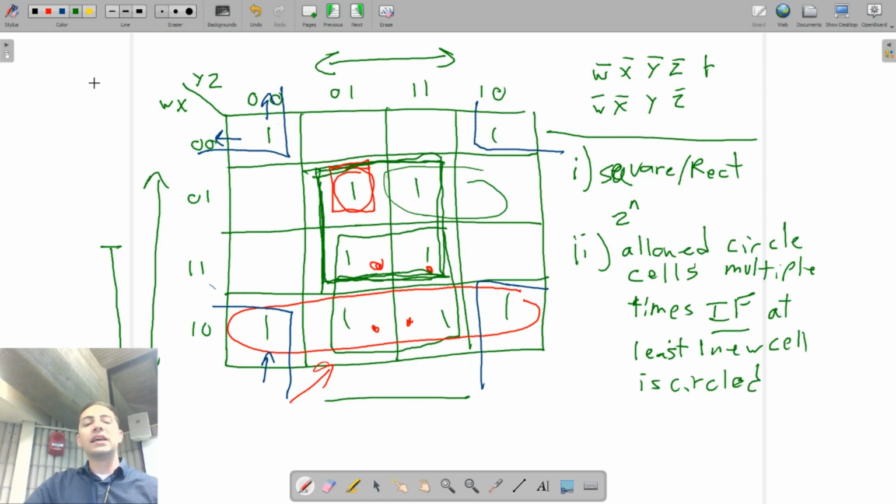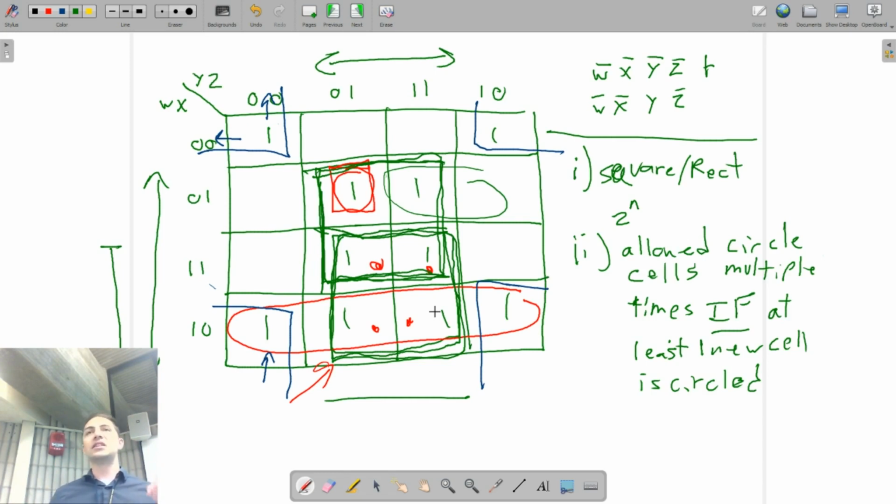Okay, so a prime implicant is the largest implicant that can be circled. An essential prime implicant. Oh, by the way, this cell here, this is also a prime implicant because it is the largest group of 4 that you can circle. Okay, it is a prime implicant. Essential prime implicants, though, those are the holy grail.